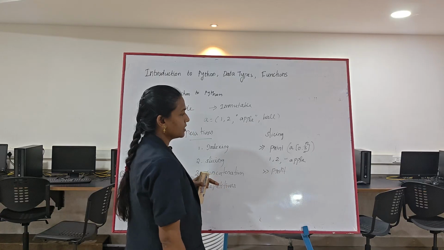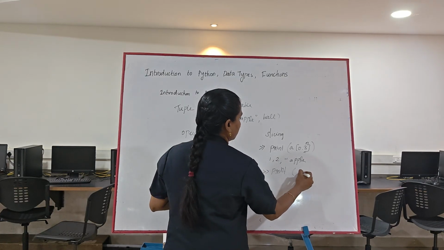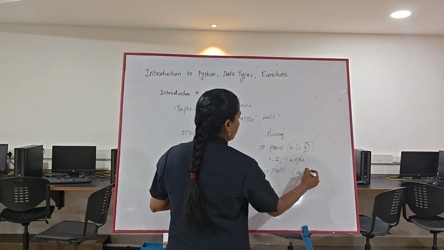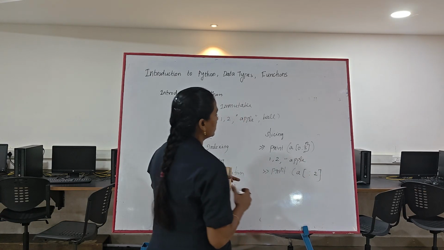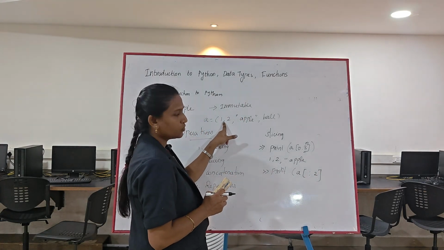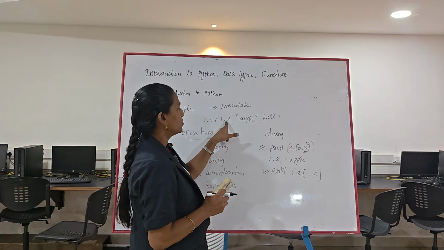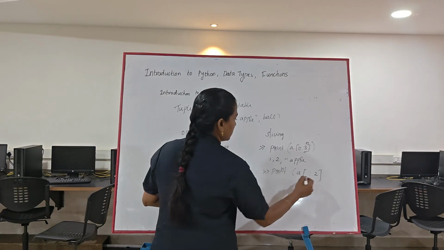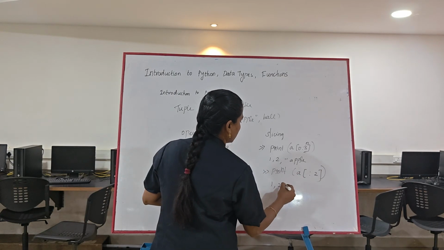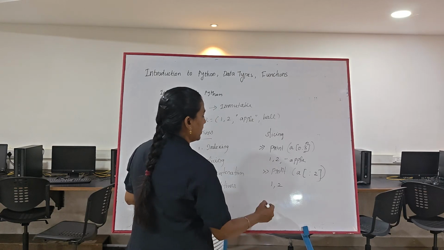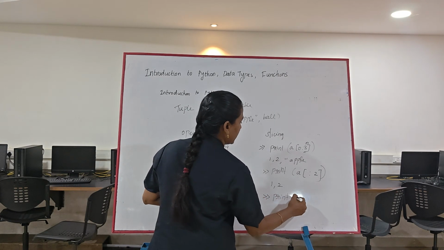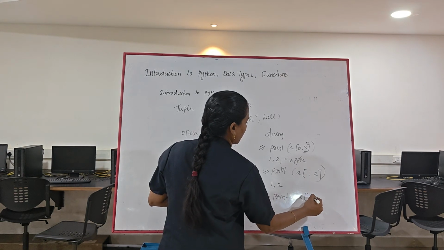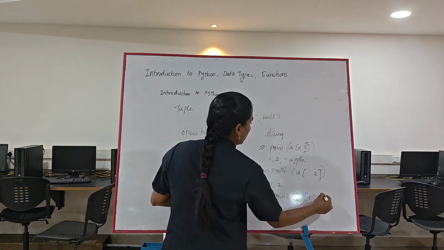Next, we are going to see print A of :2. So it starts from 0. So 0, 1. So these are the two outputs. Next, we will see another example, print of A of 1 to.